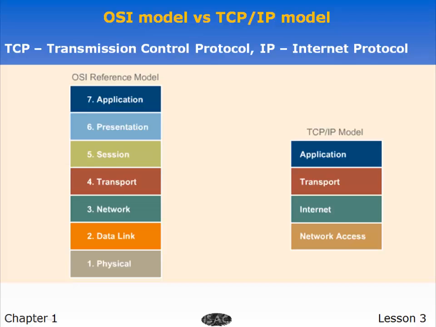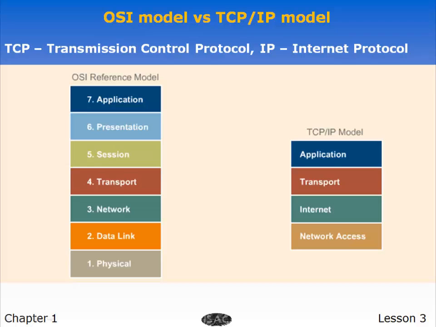So let's compare these 2 models. On the left hand, we can see the OSI reference model, which consists of 7 layers: physical, data link, network, transport, session, presentation, and application.